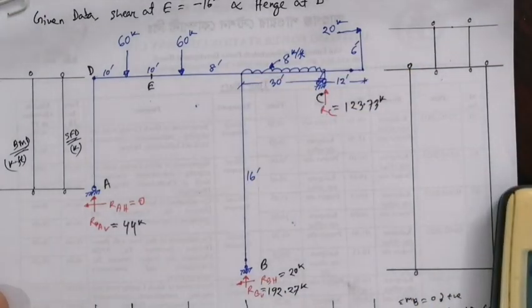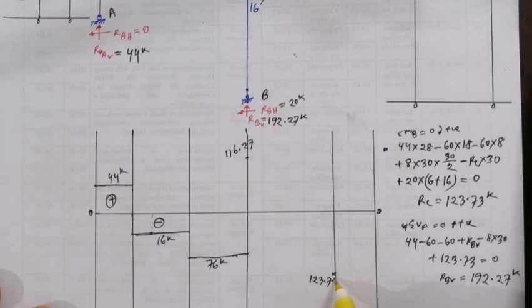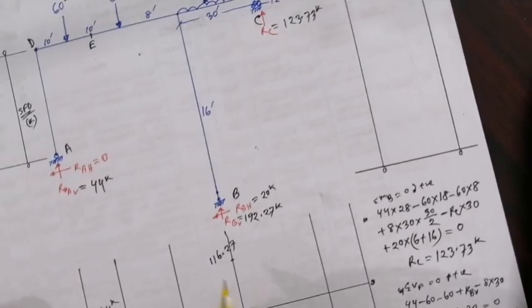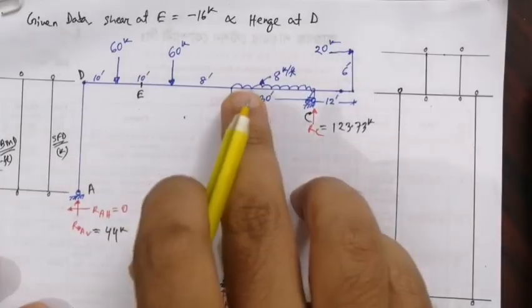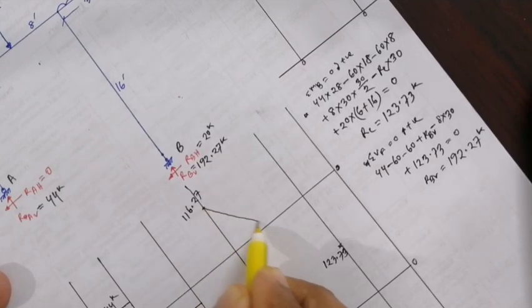Minus 8 into 30 equal to minus 123.73, so this point is 123.73. This is inclined because this is a distributed load, so we draw it not straight.